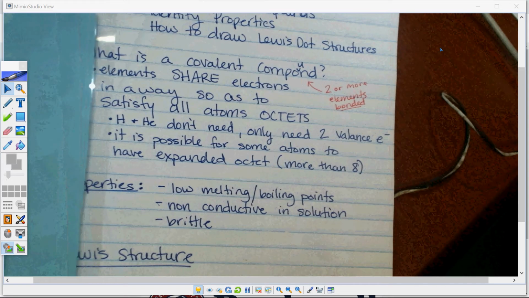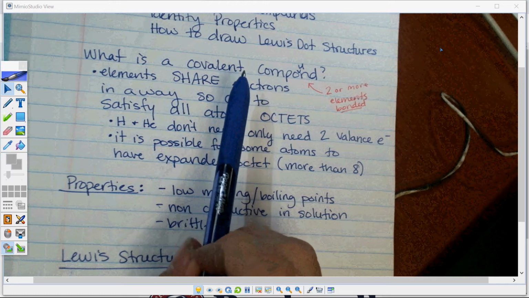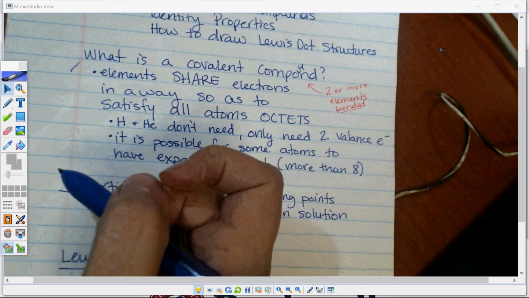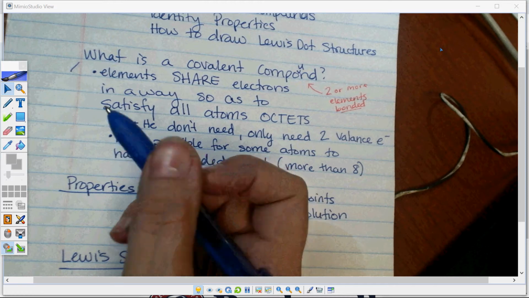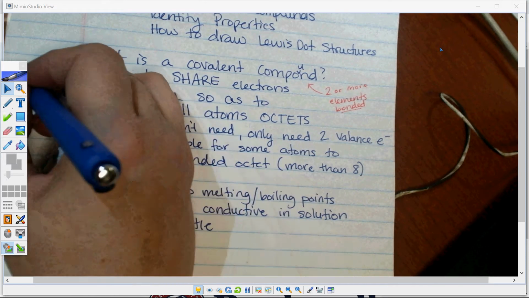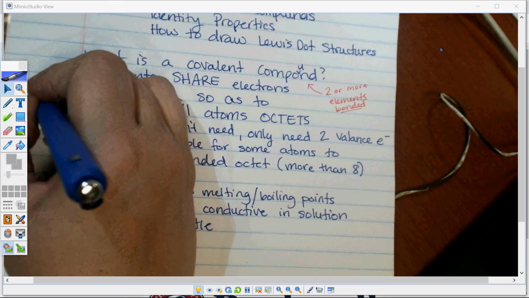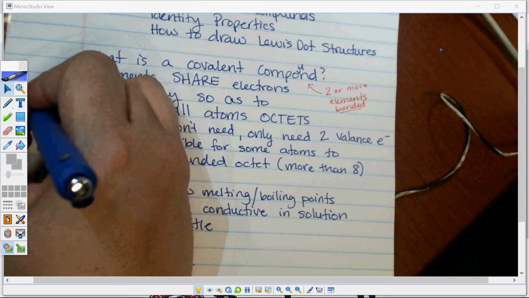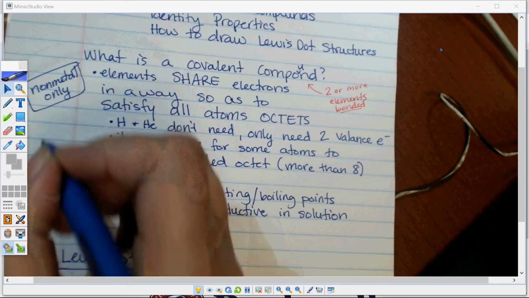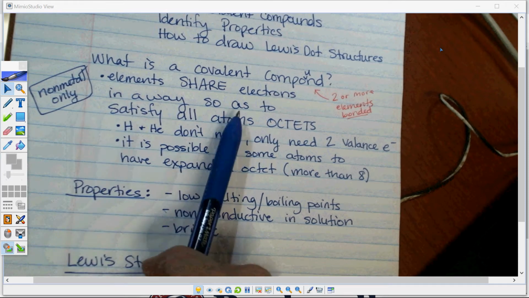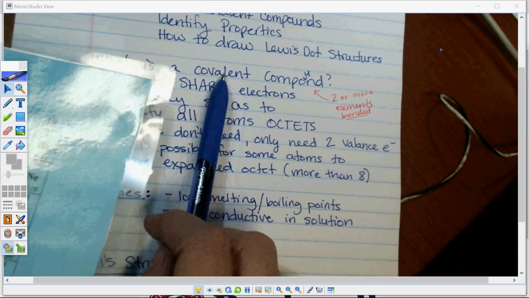And something that I failed to mention up here, covalent compounds. The only atoms that tend to form covalent compounds or have a need to share electrons are nonmetals. So nonmetals are the only ones that, when they get bonded together, are forming covalent compounds because they're sharing their electrons.